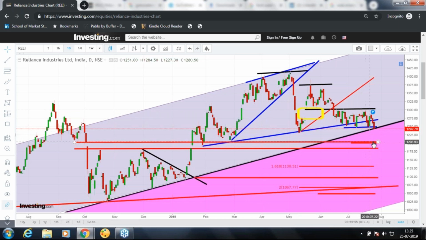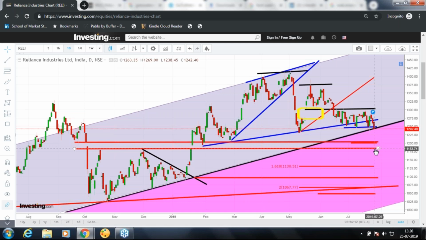So you've got a very strong level at 1200. Now once this level gets broken, then you can have 1180. So the momentum of this downtrend can bring the stock between 1200 and 1280 at the first instance.